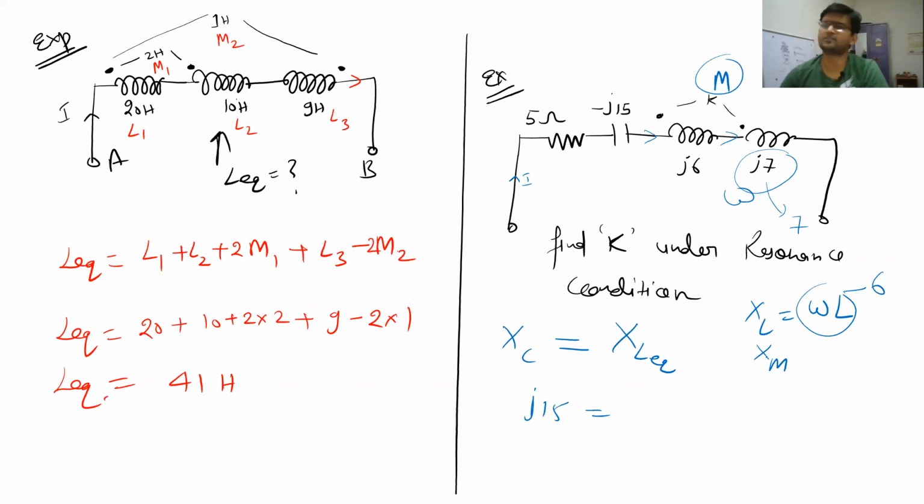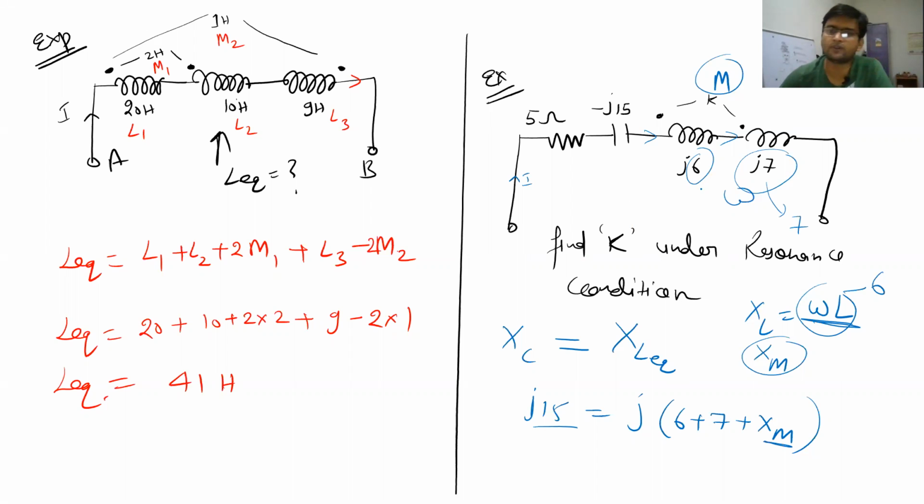So this total J15 should be equal to J times 6 plus 7 plus XM. XM is the inductive impedance value due to this mutual inductance M. I think you understand this 6 value is not the L value. It is basically the multiplication of omega and L, which makes it impedance, which is the 6 ohm.